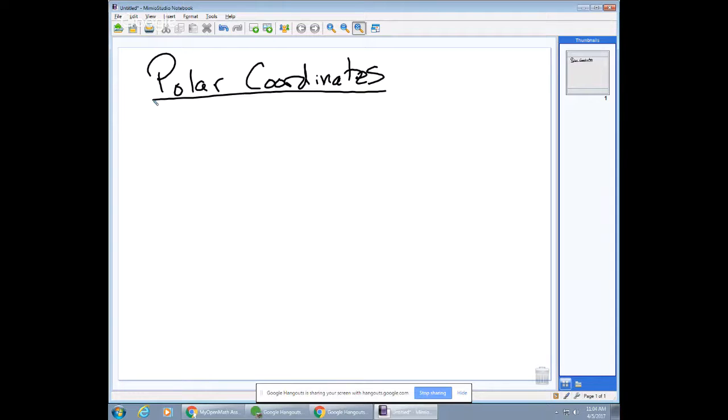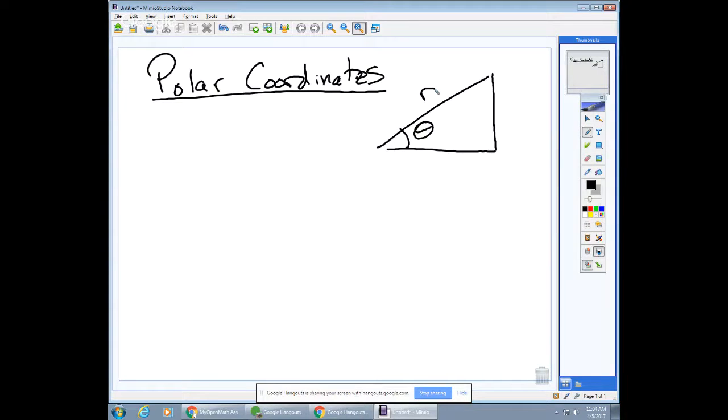The main connection is this right triangle right here. If that's theta and that's r, and we know usually vertical is y, horizontal is x, then we get the following relationships. x is equal to r times the cosine of theta. y is equal to r times the sine of theta.